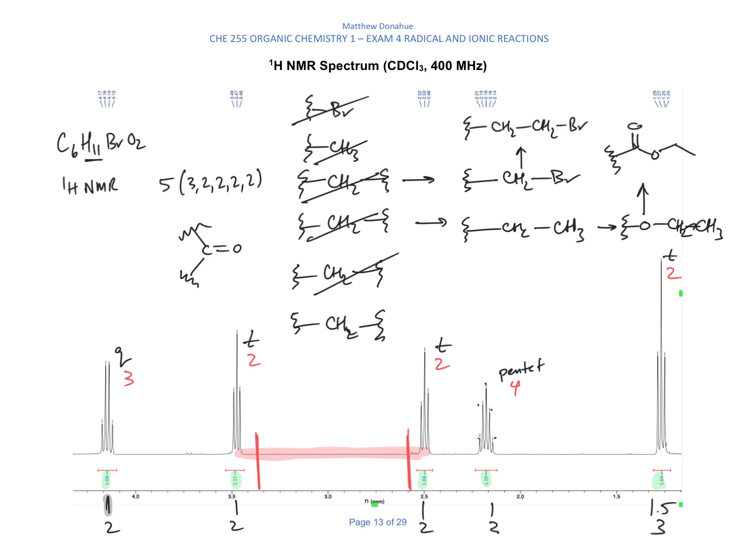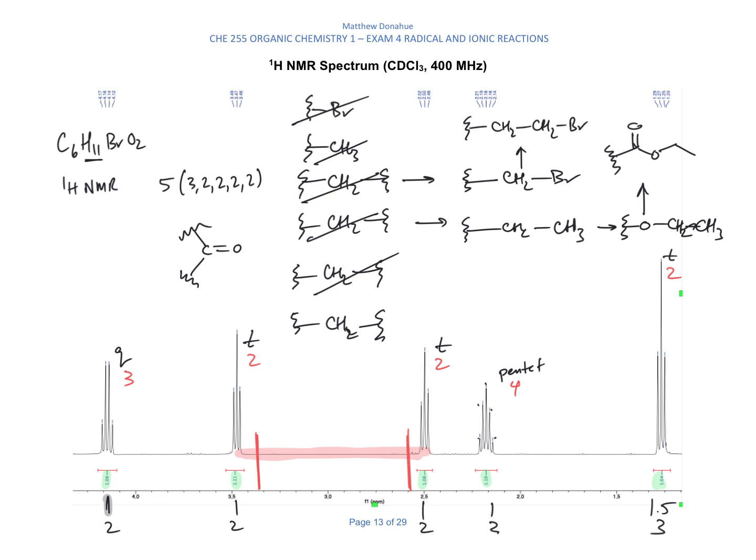And again, you can make these assignments of this being bonded to the carbon bearing the bromine and this being bonded to the carbon bearing the oxygen based on the tables that were given to you in the back. Again, the oxygen is going to push it further downfield than the bromine.